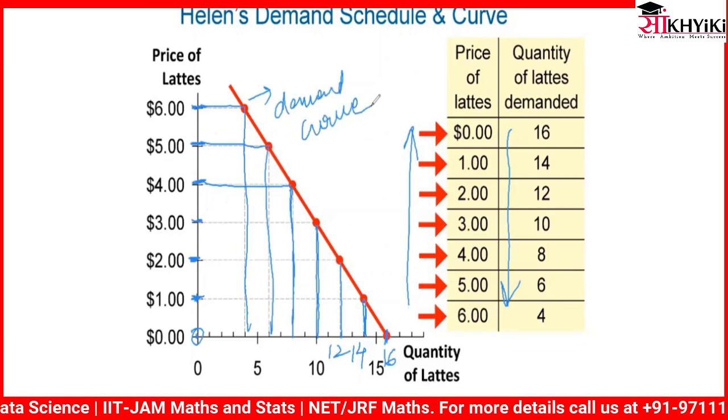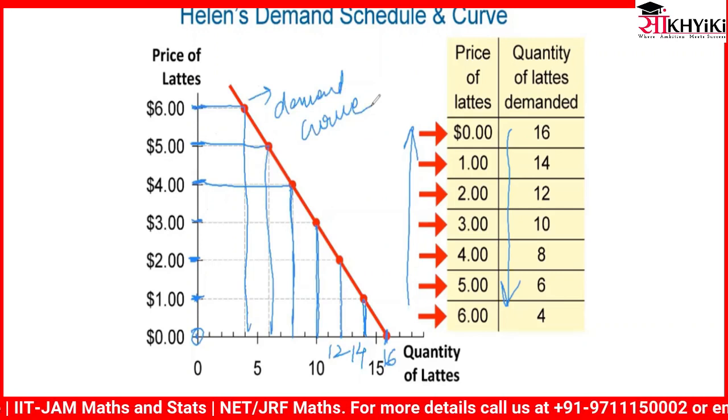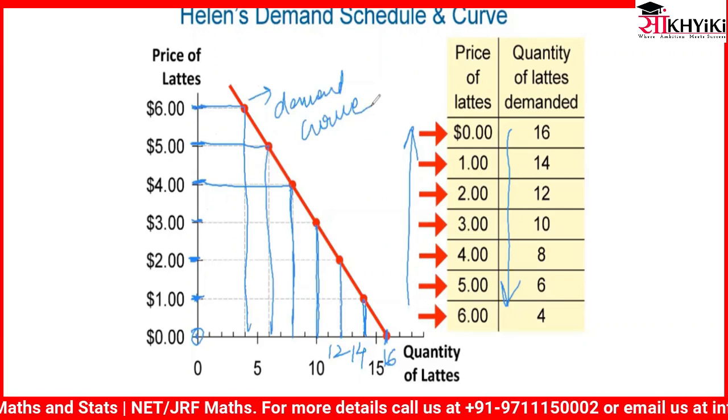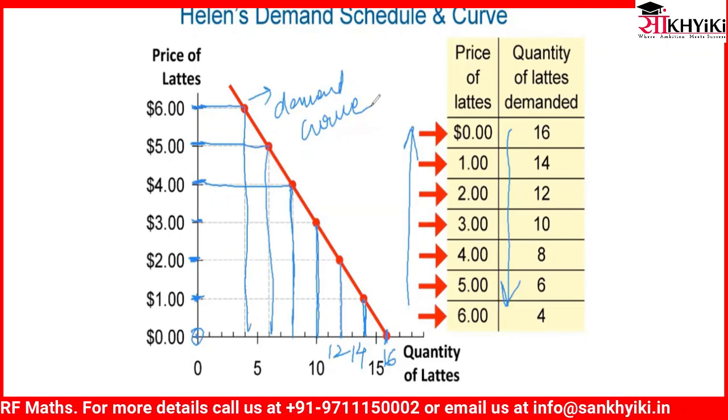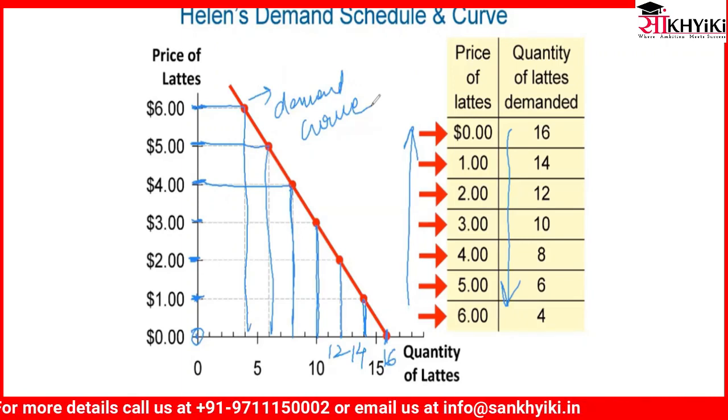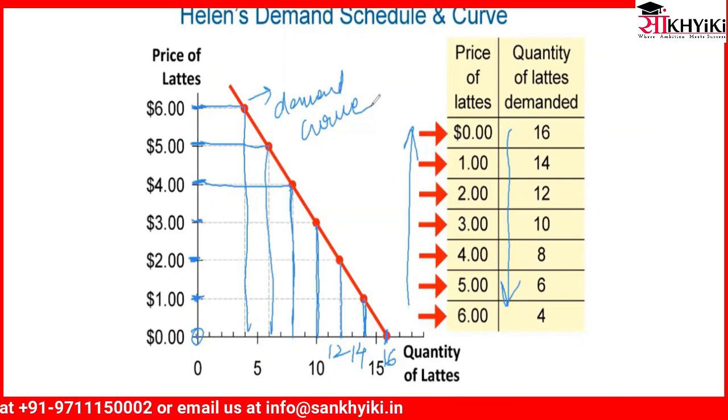Now, there is one more very important thing that I would like to highlight here. We understand that price is changing in the market, and as price is changing, I'm affecting my quantity, right? So quantity demanded is actually a dependent variable.